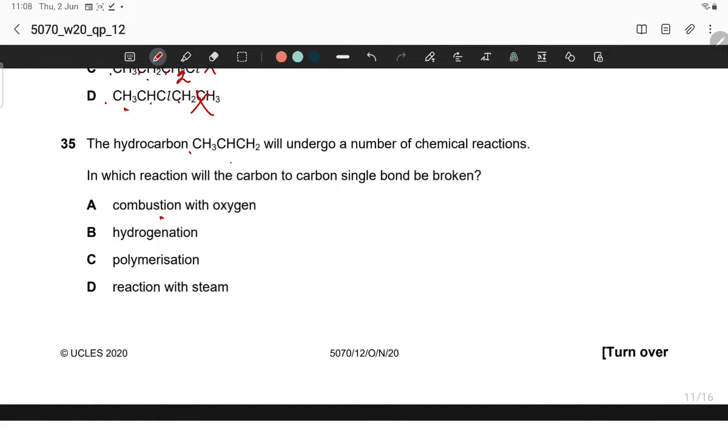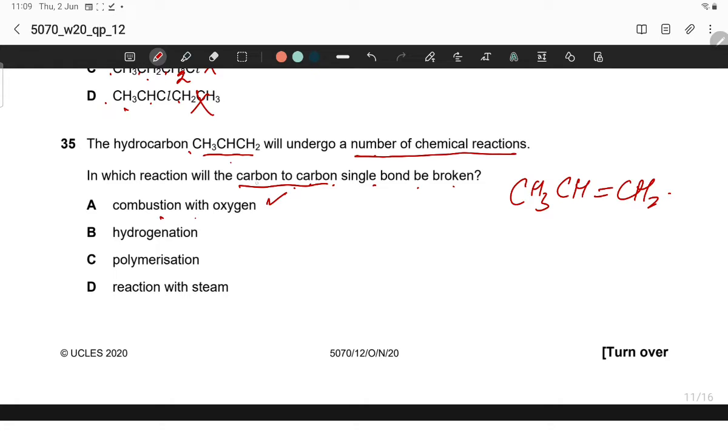This is an alkene, CH3CH double bond CH2. Combustion with oxygen, carbon to carbon, yes.